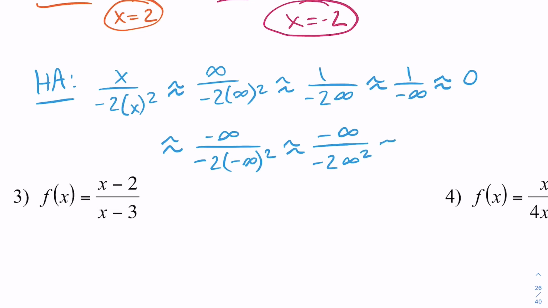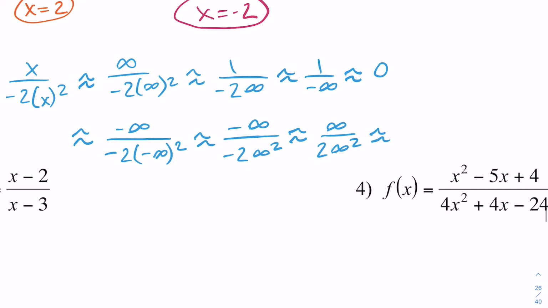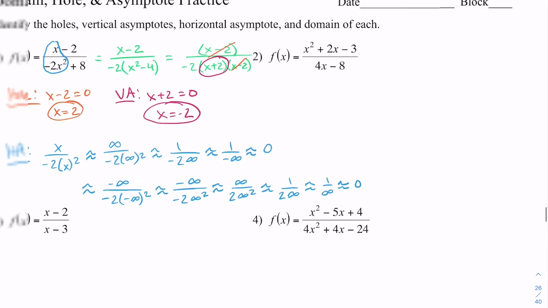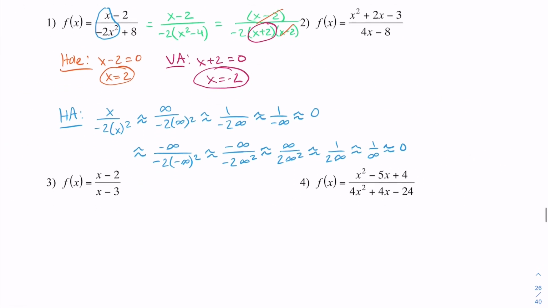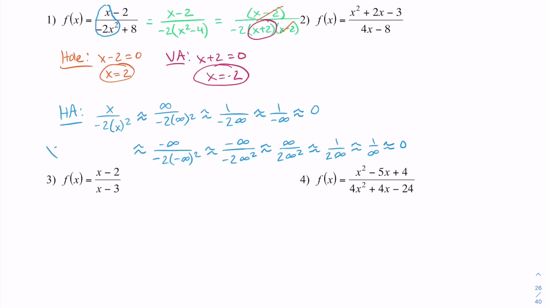And then this is going to be about infinity over 2 infinity squared, which ends up being about 1 over 2 infinity, which ends up being 1 over infinity, which ends up being about 0. So for all of that work, I get a horizontal asymptote of y equals 0.